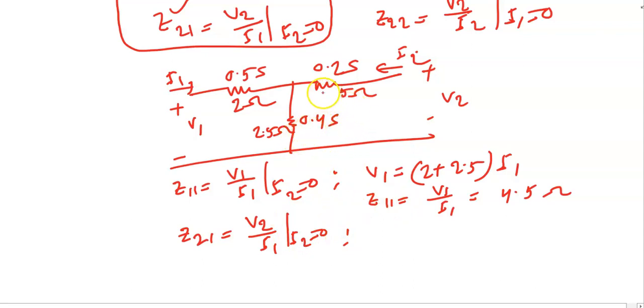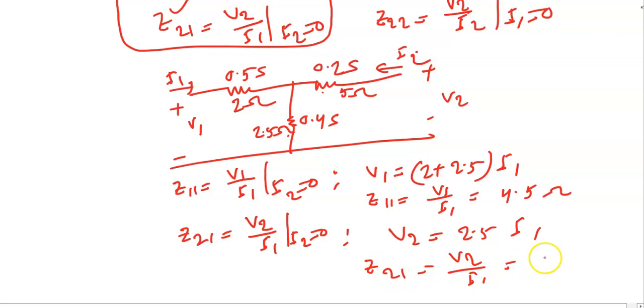Because I2 is 0, no current flows through the 5 ohm resistor, so V2 is only whatever the voltage drop is at the 2.5 ohm resistor. So V2 is equal to 2.5 I1. So G21 is equal to V2 upon I1, which is 2.5 ohm.